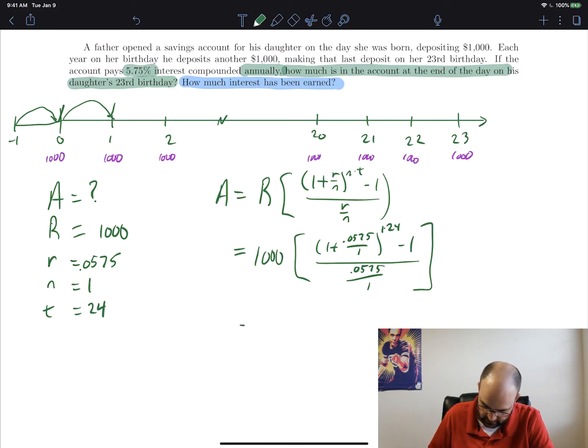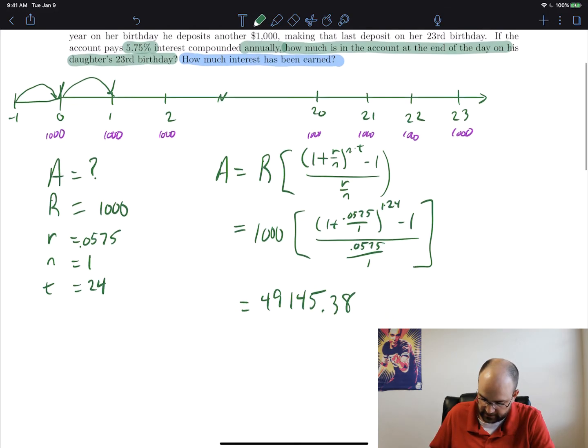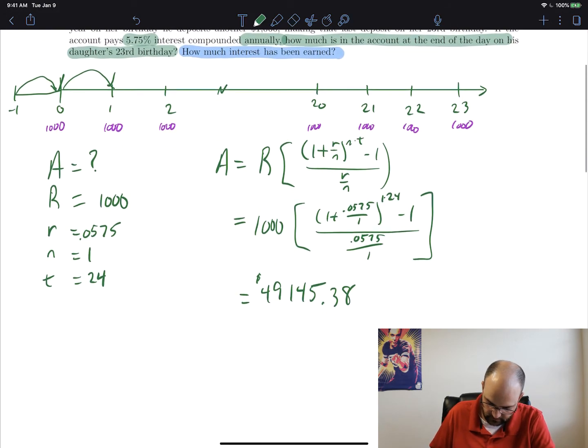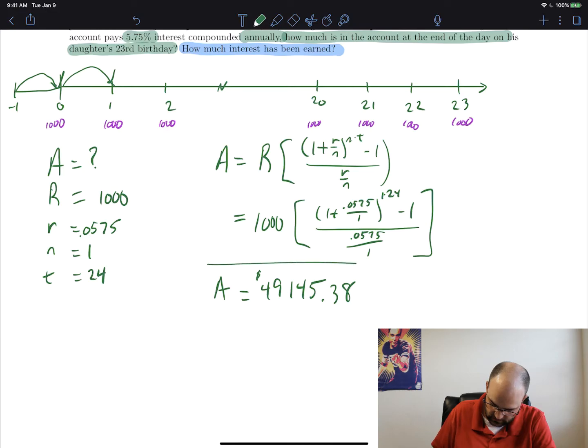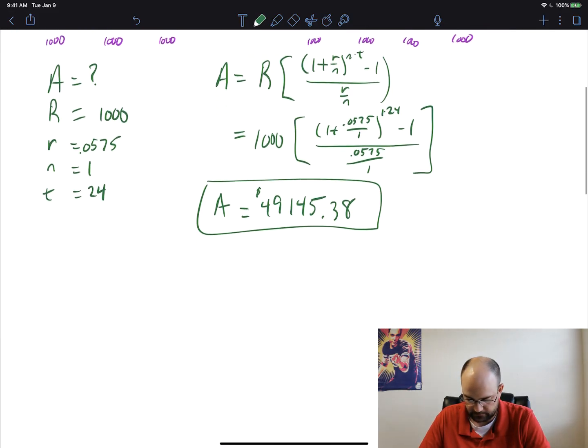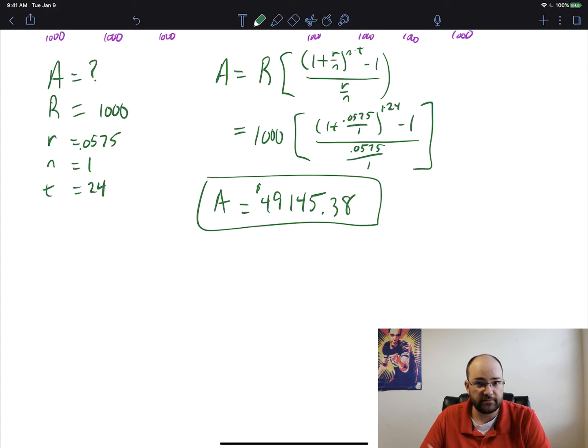Click enter, and that tells me that it will be $49,145.38. Good deal. And that's how much will be in the account on her 23rd birthday after he had made that last payment. So it's $49,145.38.